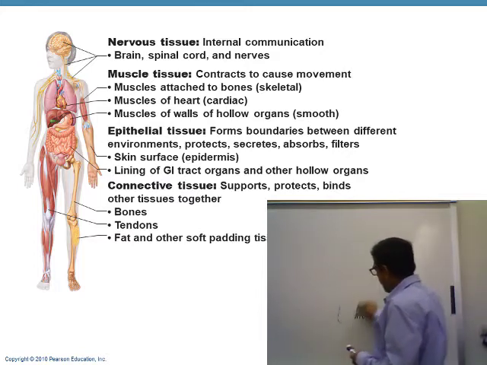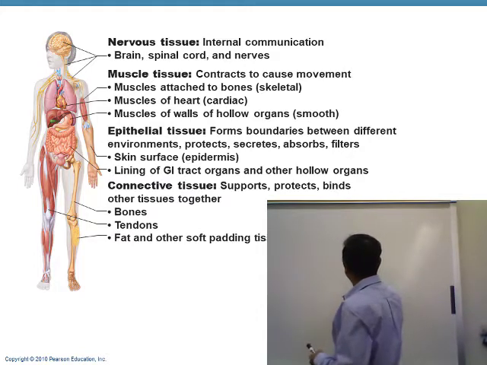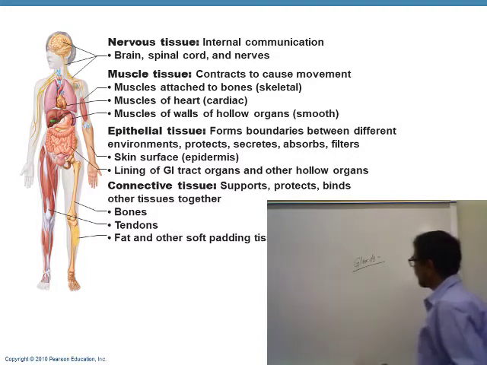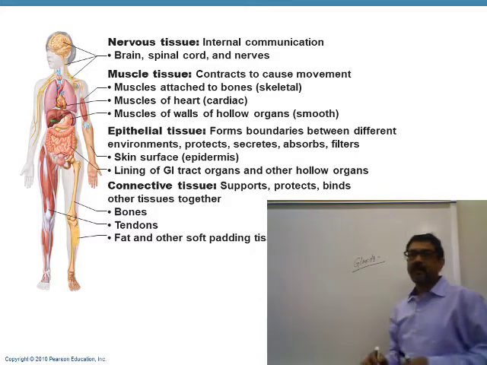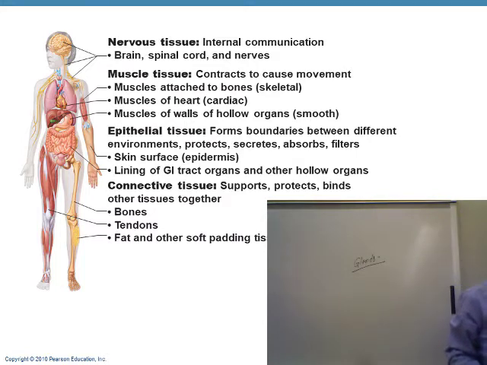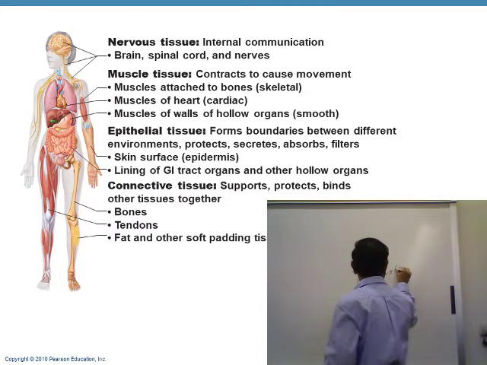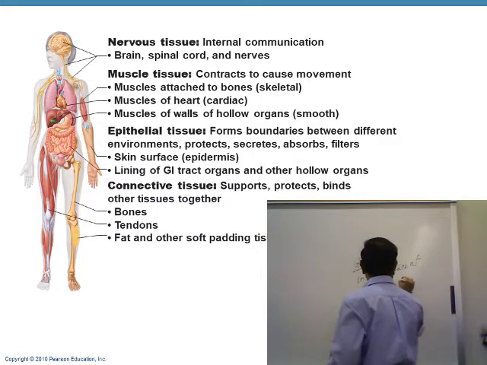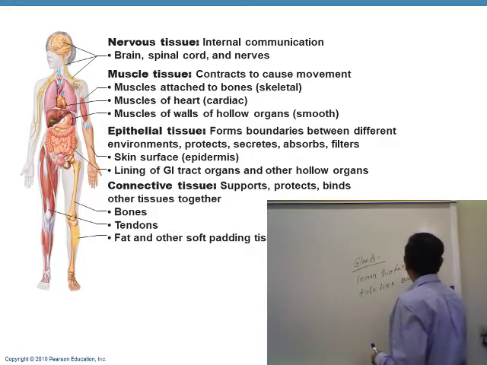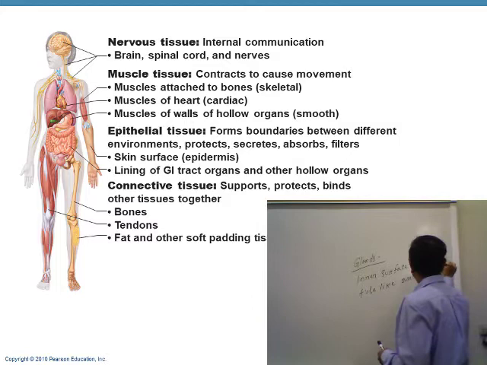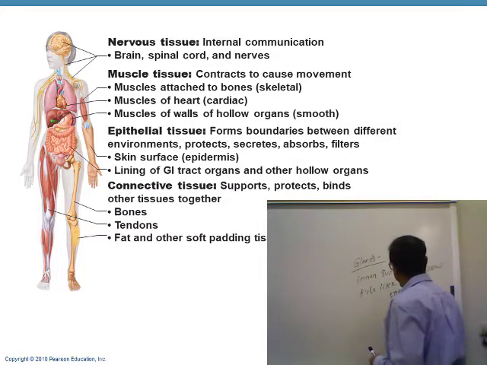So, glandular epithelial tissue is found in the glands, okay, and lining epithelial tissue or epithelium is found in the inner surface of tube-like and hollow organs.